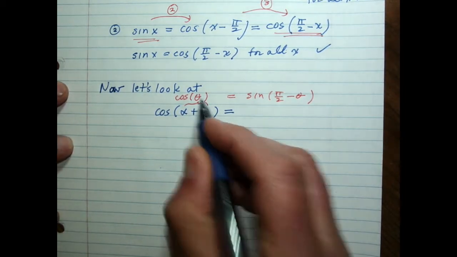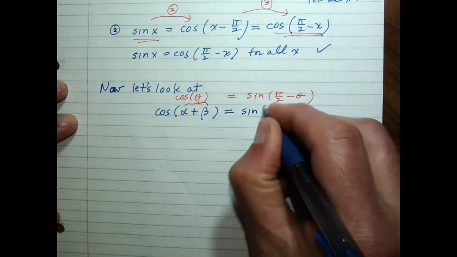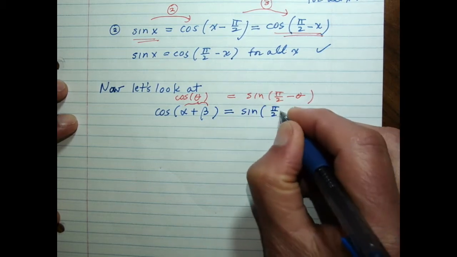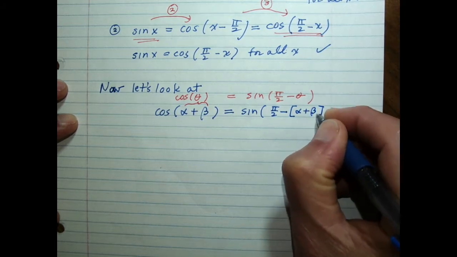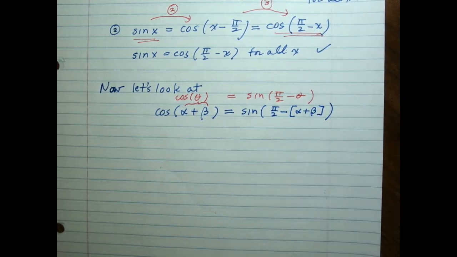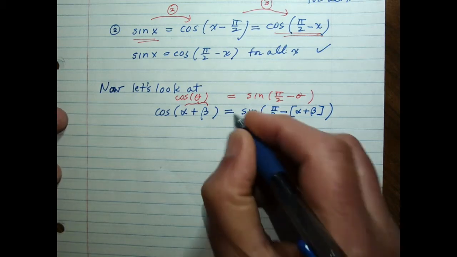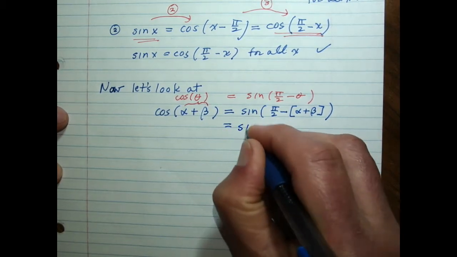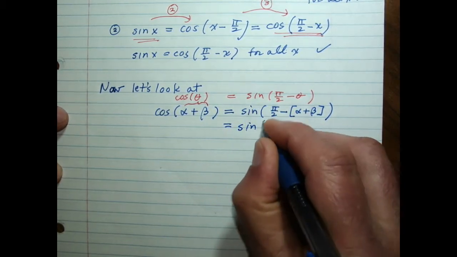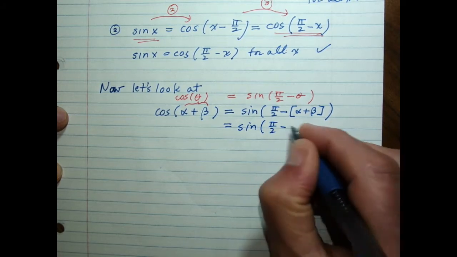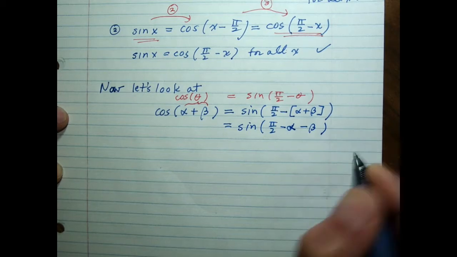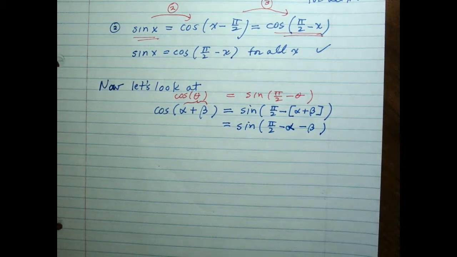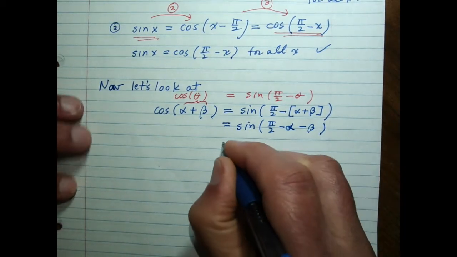If alpha plus beta is the theta, this is sine of pi over 2 minus alpha plus beta. I need to put that in grouping. I can distribute that: sine of pi over 2 minus alpha minus beta. And now I'm going to group again.